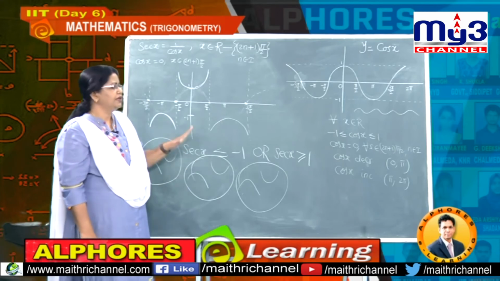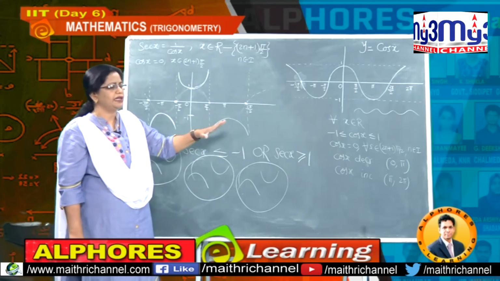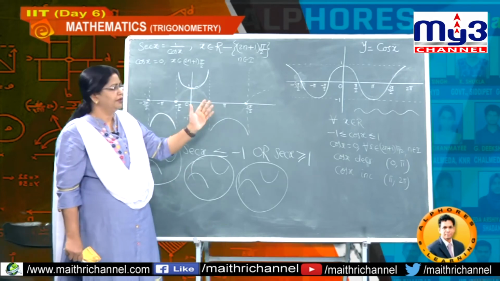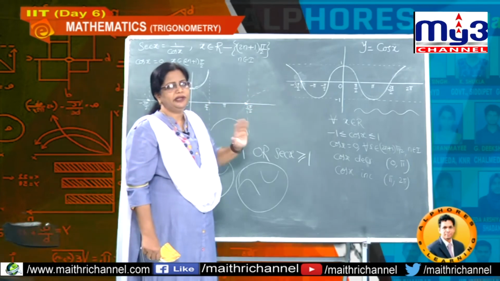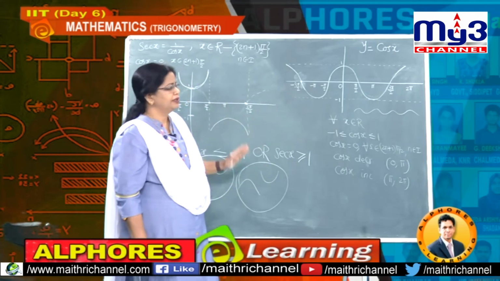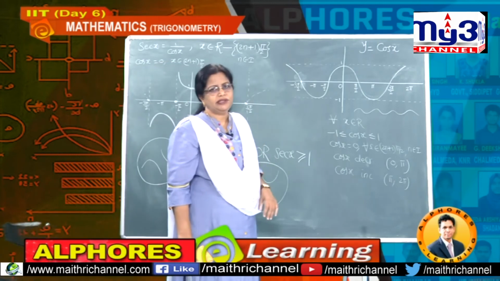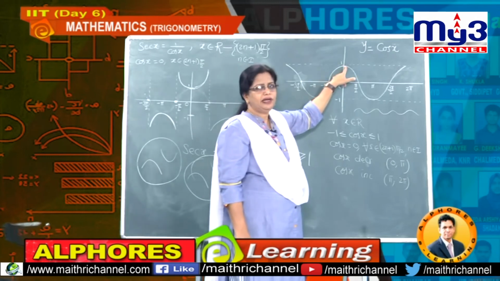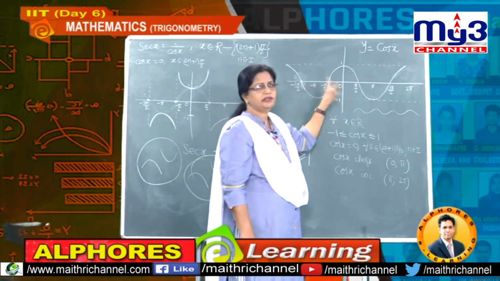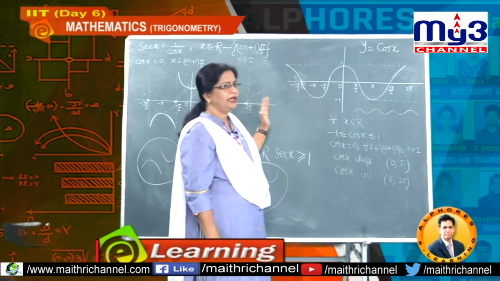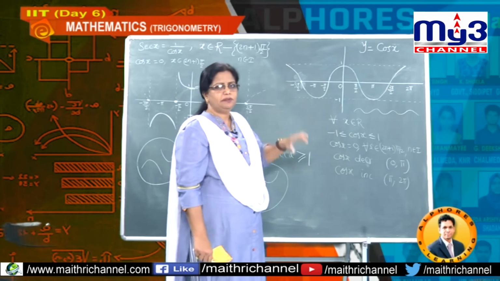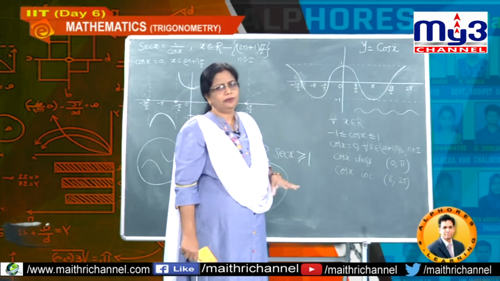Okay students, so these 4 graphs I have drawn first. The reason is, whatever sine graph you have taken, the cosine has the same model, the only thing is both are waveforms. The sine curve is passing through the origin, whereas the cosine curve intersects the y axis at x equal to 0. The sine function period, cosine function period, and correspondingly their reciprocals' period, are all equal to 2 pi.